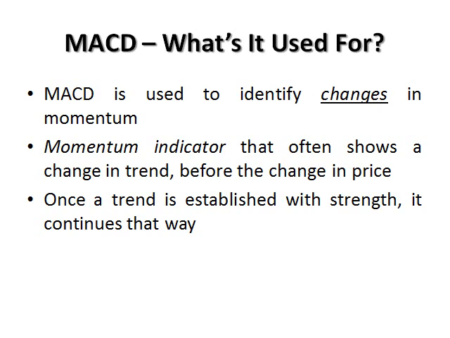Number one, the MACD is used to identify changes in momentum. You'll see how that works using zero lines and when the two moving averages cross over. It is a momentum indicator and often shows a change in the trend before the actual change in the price.